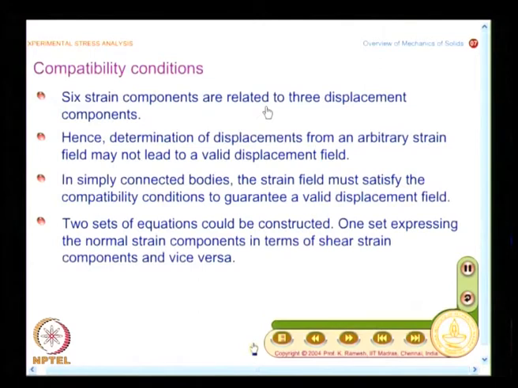And what you have here is, in simply connected bodies, the strain field must satisfy the compatibility conditions to guarantee a valid displacement field. Though in theory of elasticity you have stress formulation as well as displacement formulation, the very popular Airy stress function is basically a stress formulation.